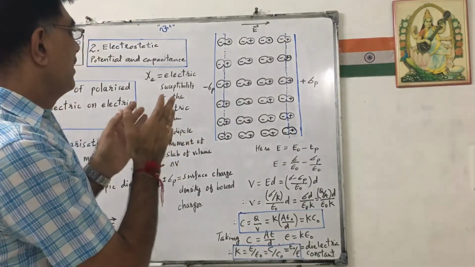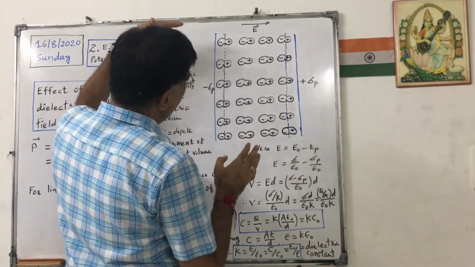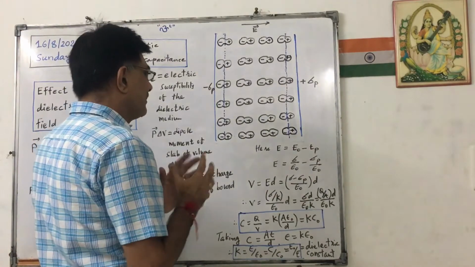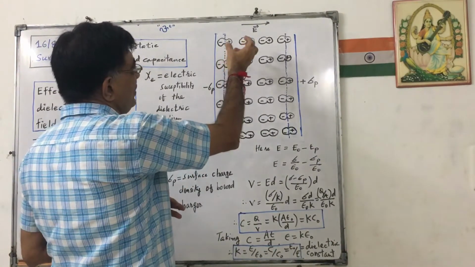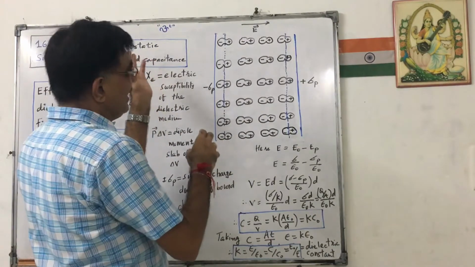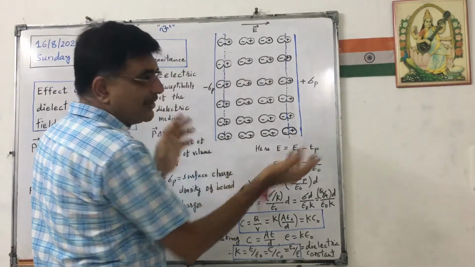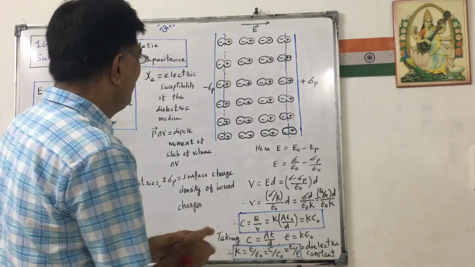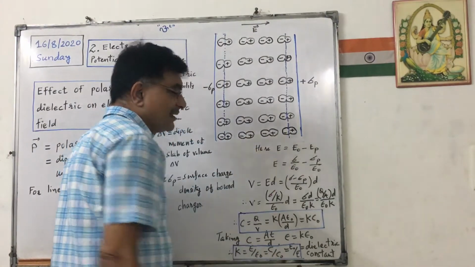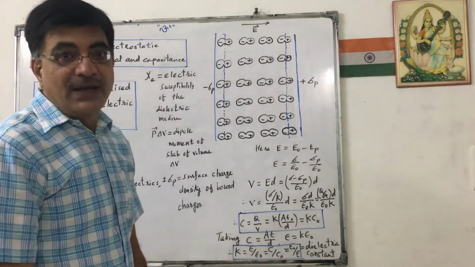Now see, what will happen? Electric field is in this direction. This will be the arrangement of the molecules. Minus will be in direction of plus of the electric field, and plus will be in direction of minus of the electric field. Here see, this plus and minus, this plus and minus, they will just cancel effect.